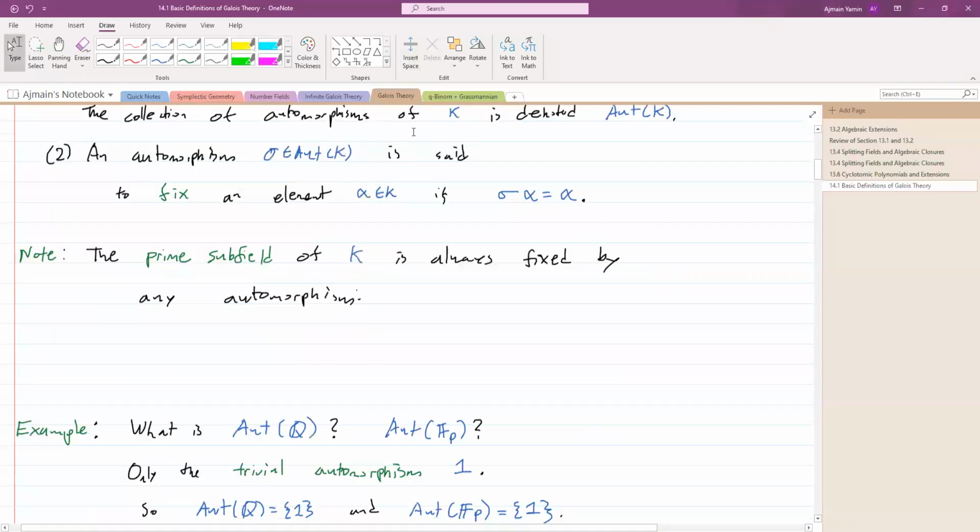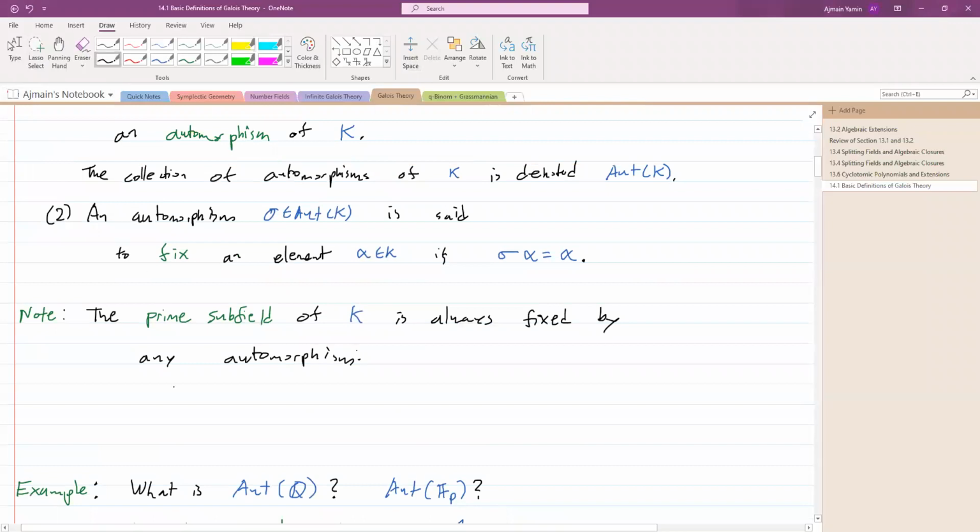An example of a finite field: the prime subfield of R is Q, but the prime subfield of a field with p to the k elements is F_p. Because a field with p to the k elements has characteristic p, so 1, 2, 3, 4, dot, dot, dot, p minus 1 and 0. This is the prime subfield, and that's F_p.